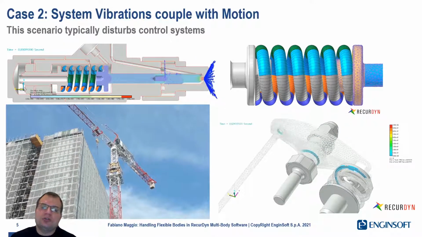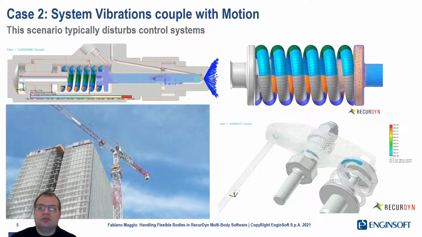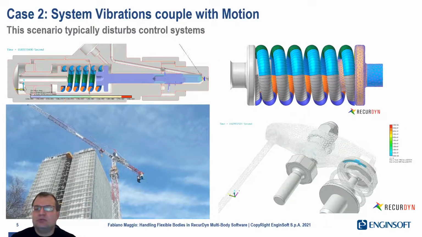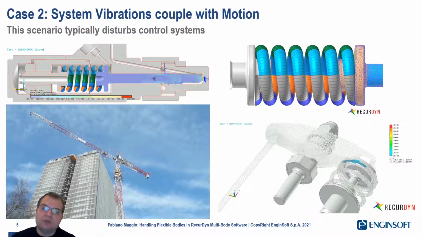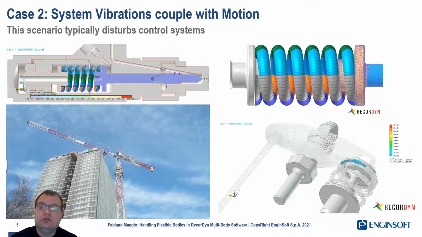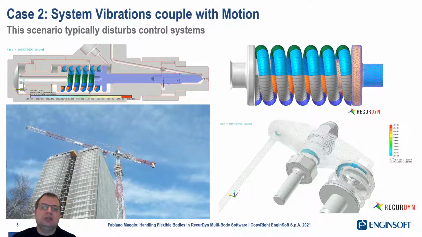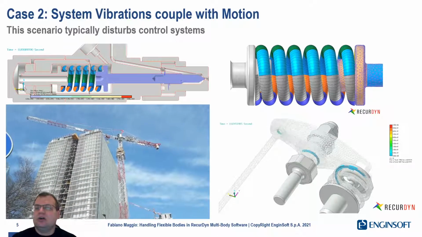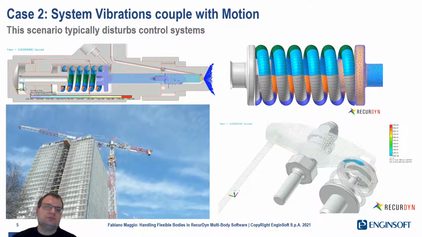So the control system that is asked to govern the torque amount to move the arm without unexpected oscillations cannot be tuned if you don't include in the model the flexibility of the tower and the arm.